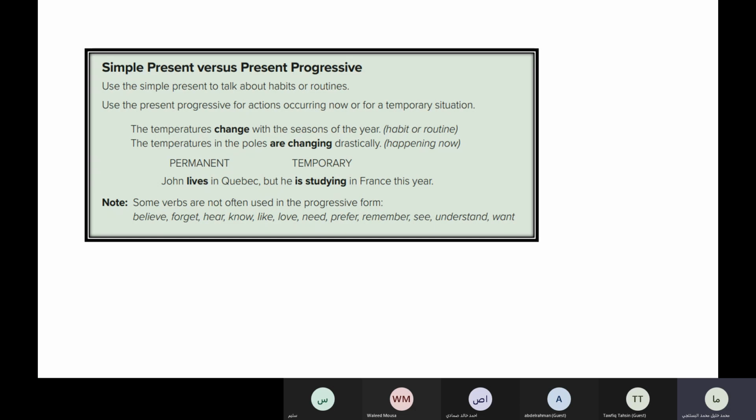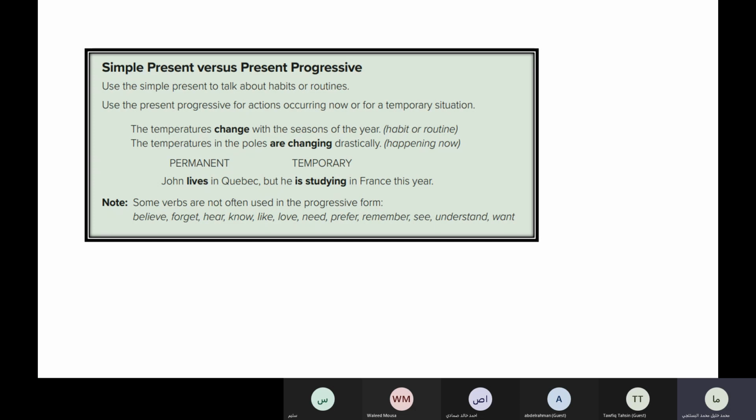Now let's move to the simple past and the present perfect. If you want to talk about something which happened and ended in the past, what should we do?